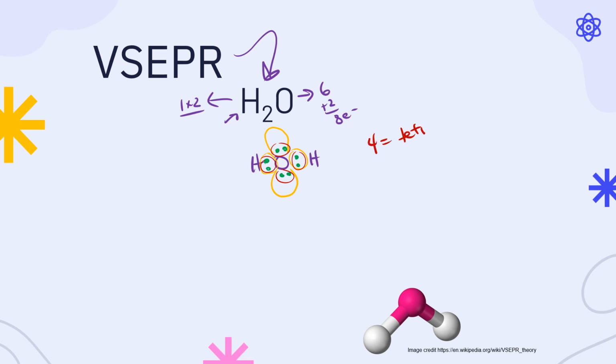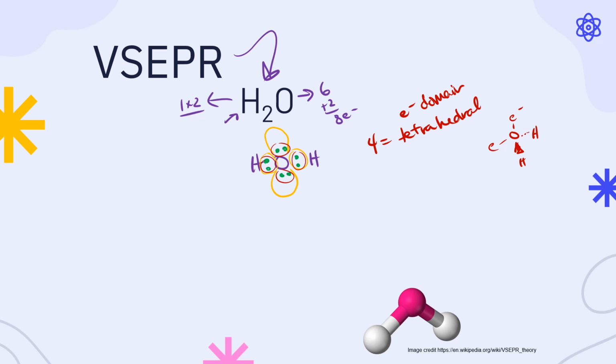4 is tetrahedral. Our electron domain geometry is tetrahedral. It makes a little bit of a pyramid where we have oxygen and we have electrons and we have electrons and we have hydrogen, and then we have hydrogen going back in space.